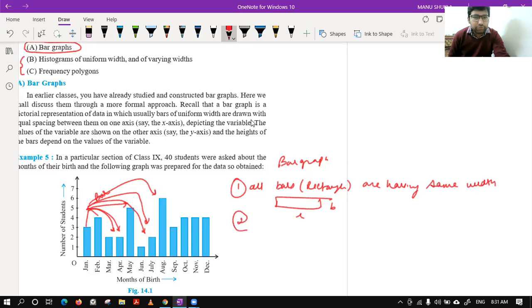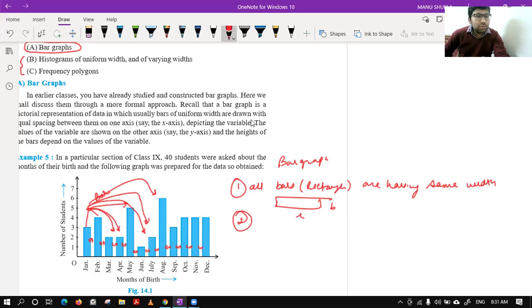What is the second thing that you have noticed in the bar graph? Okay, X is the independent one. Okay, good.